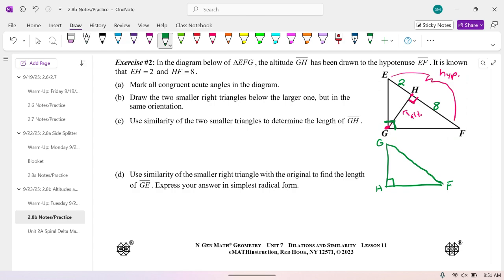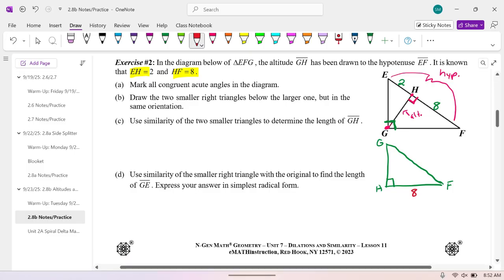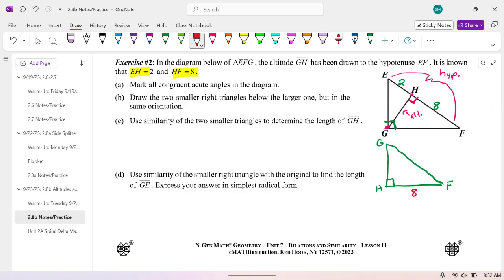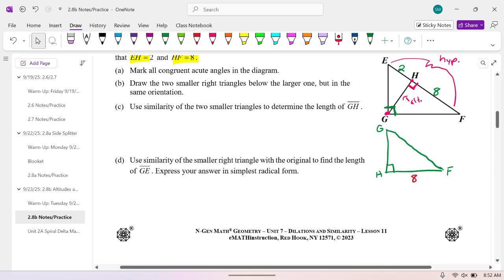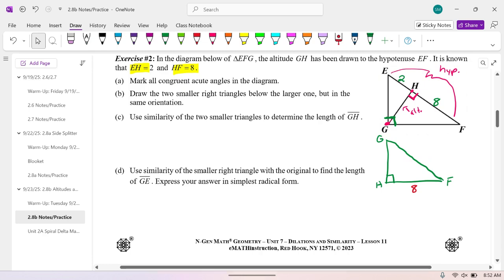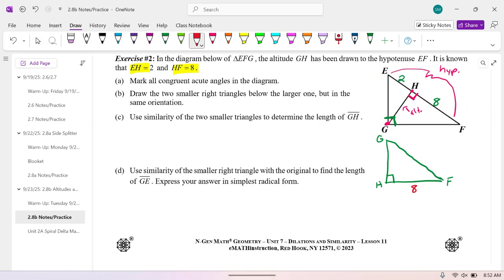All right. Now, what side length do we already know based off of what they originally told us? So they told us two side lengths up here. Which one is contained in this triangle? HF. So HF is 8. All right. Now, one thing that I forgot to say is to mark all the acute angles.